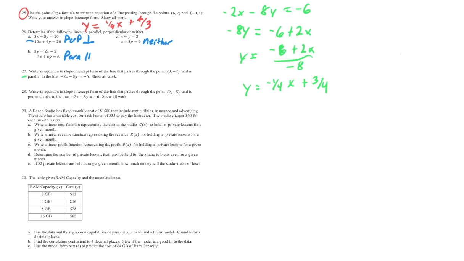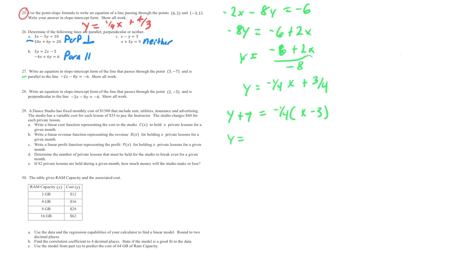Now we can use that slope -1/4 and the point (3, -7). So we'll use point slope form to start with and manipulate it back to slope-intercept because that's what it asks for. So we'll have y minus -7, which will end up being y plus 7, equals -1/4 times the quantity x minus 3.